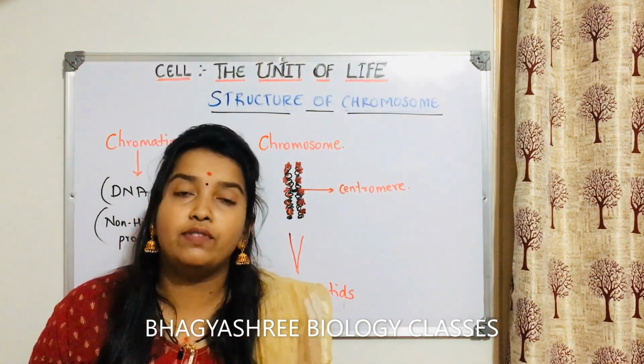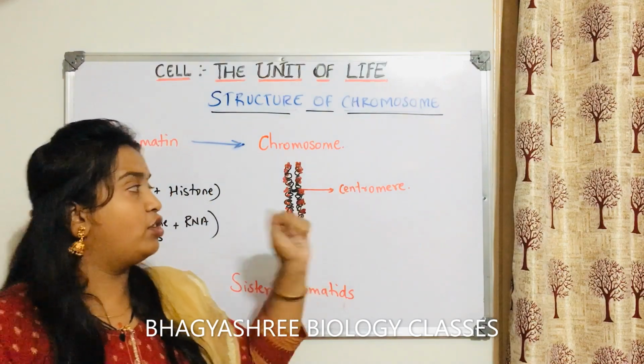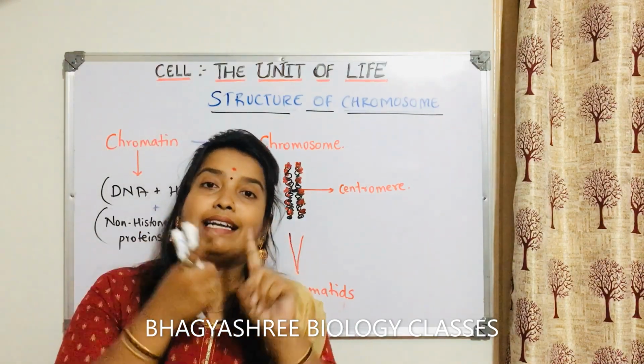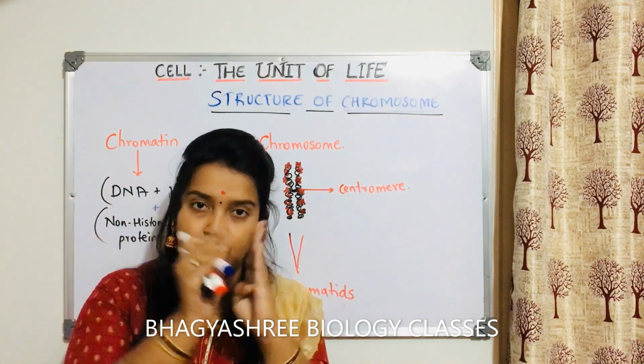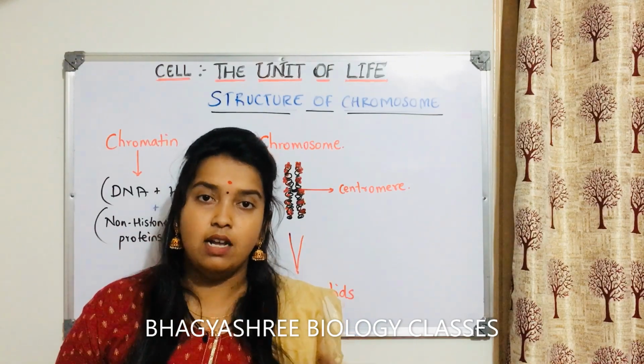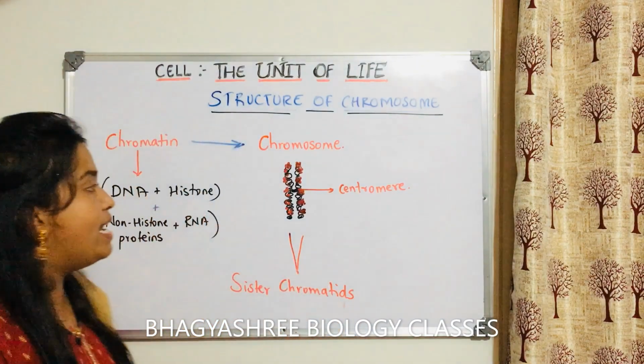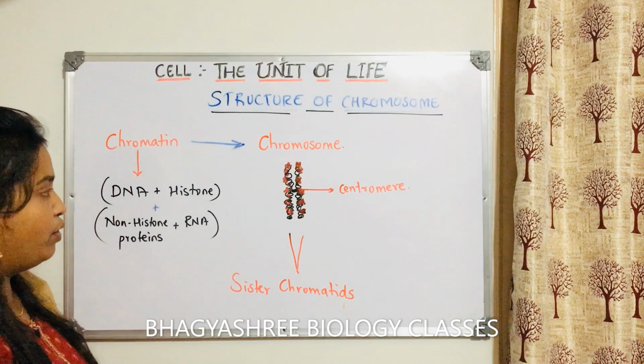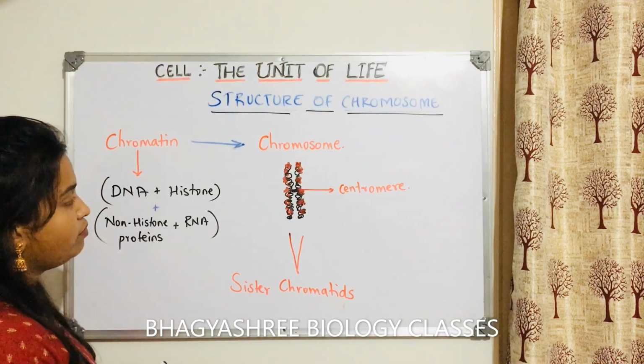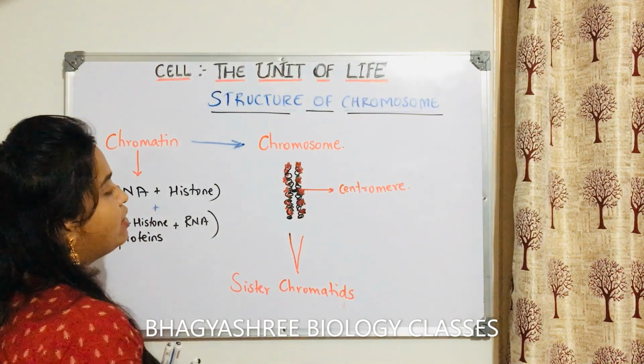Then what is the function of the centromere? The first function is that it helps in attachment of the sister chromatids. The next thing to understand is that there is a protein-like structure.